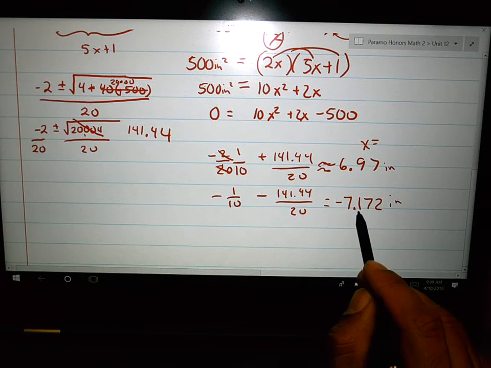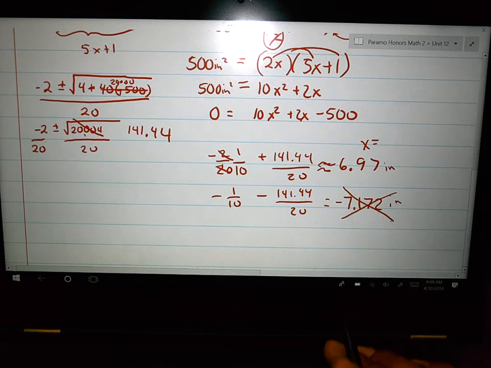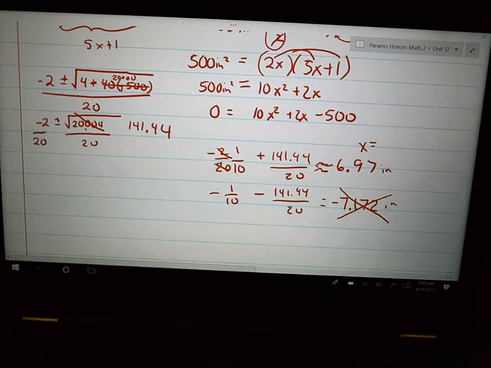Can you have a negative distance? We ignore negative values of distance. Even though this is something that I found, it is called an extraneous solution. We got a solution, but it doesn't make sense in this context. Our distances have to be positive. That's something that we know mathematically to be true.